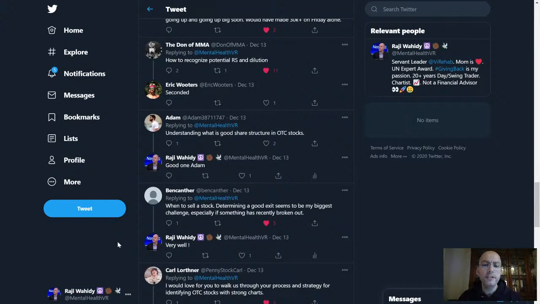Okay, how to recognize potential reverse split and dilution. So reverse splits and dilution. First of all, dilutions. For those who don't know what a dilution is, just in case you're a new trader, dilution is when the company issues new shares on top of what exists, or they do an offering where they sell additional shares to raise more money. Then the people who take the shares decide to dump them right away and take their money.